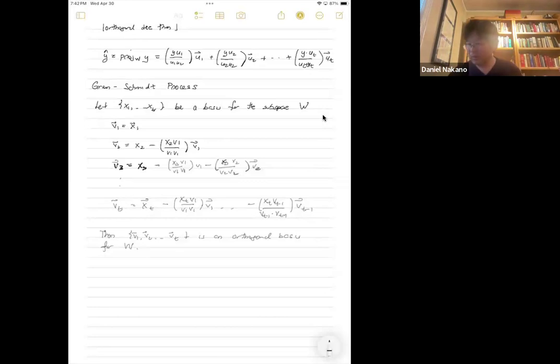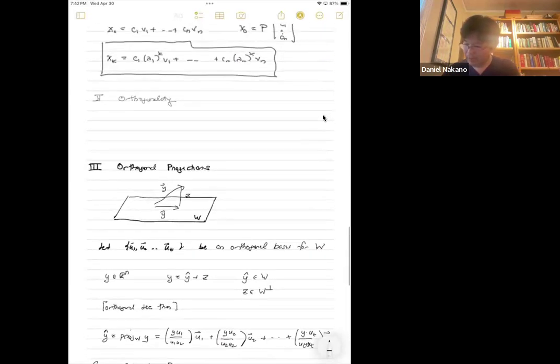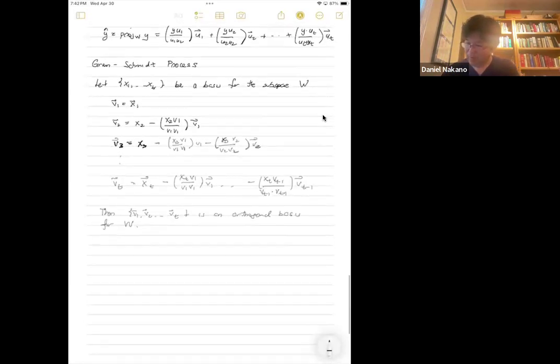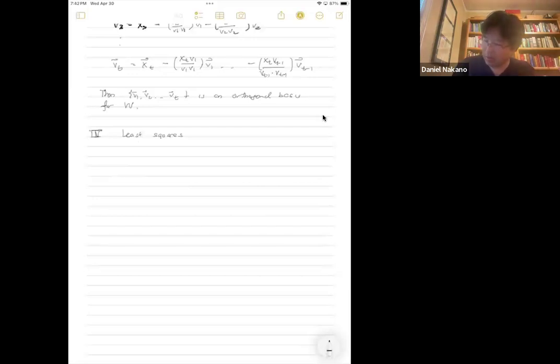All right, so now let's talk about least squares. We've always been interested in understanding the solutions of Ax = b.